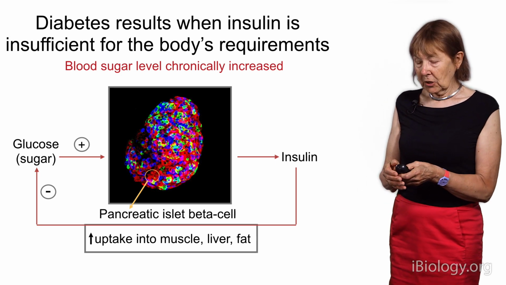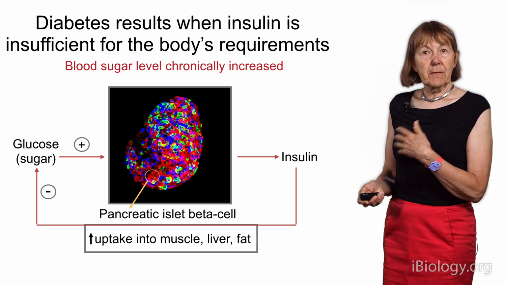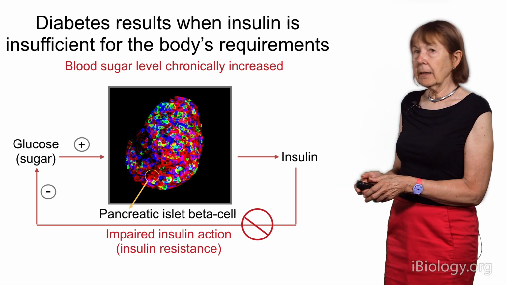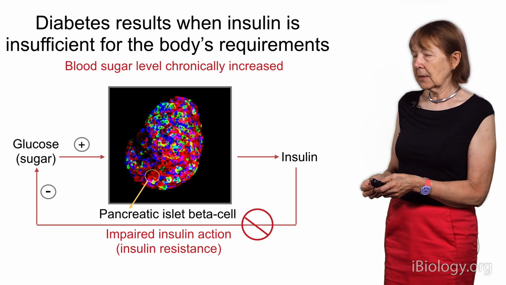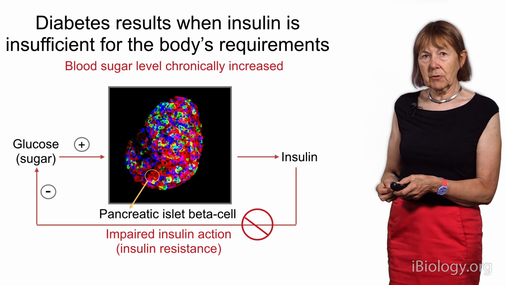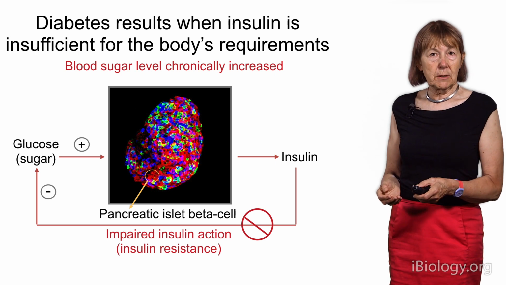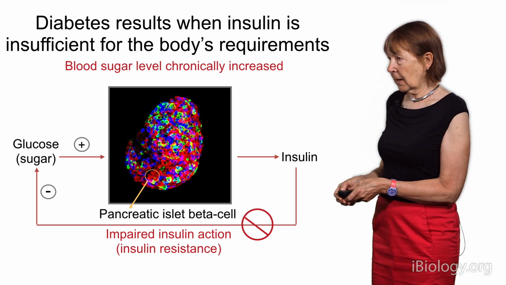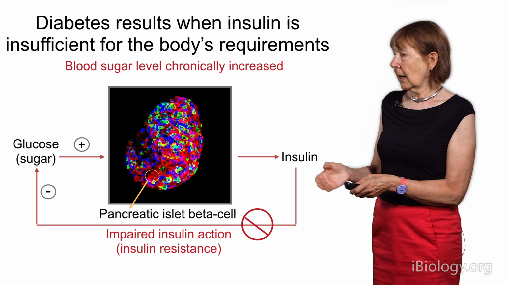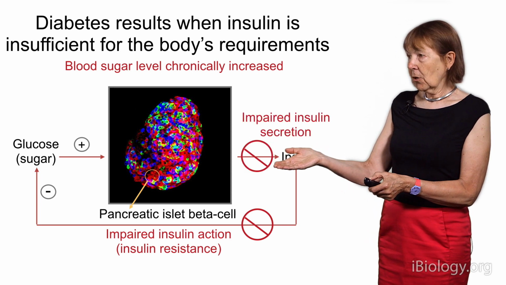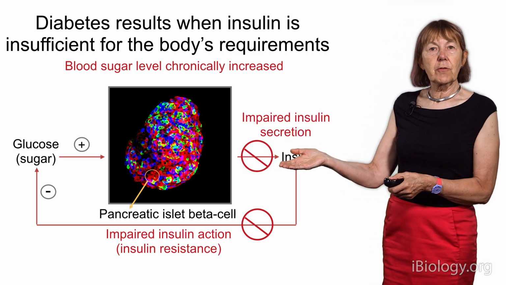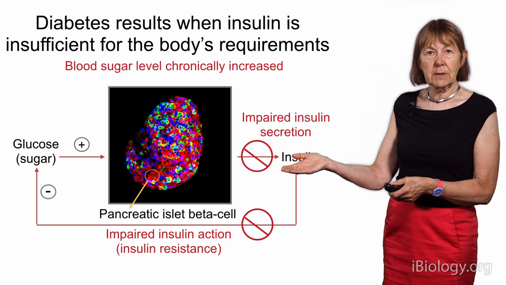If you have insufficient insulin for the body's needs, this can occur either because of impaired insulin action in the tissues, a process known as insulin resistance, which is often produced by obesity, or it can occur as a consequence of reduced insulin secretion from the pancreatic beta cells themselves.